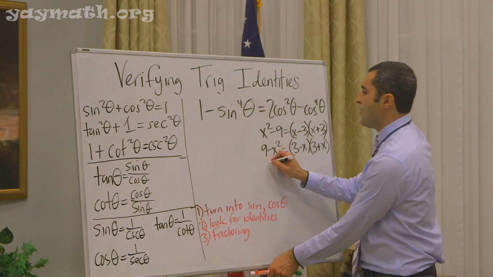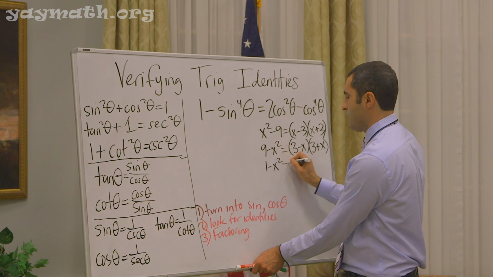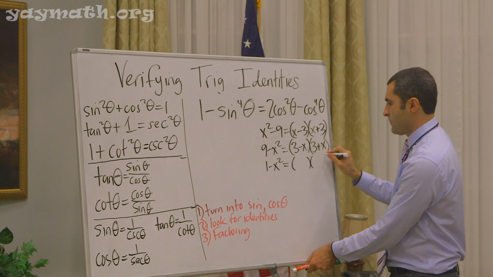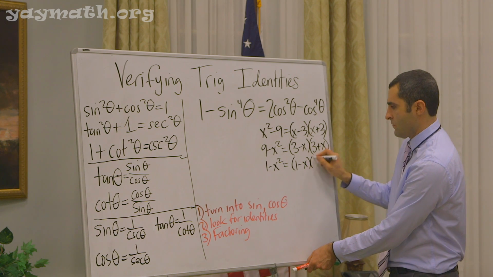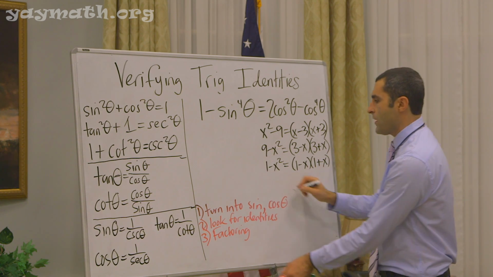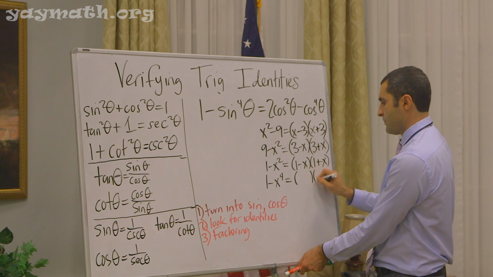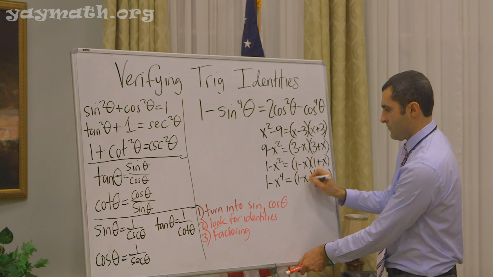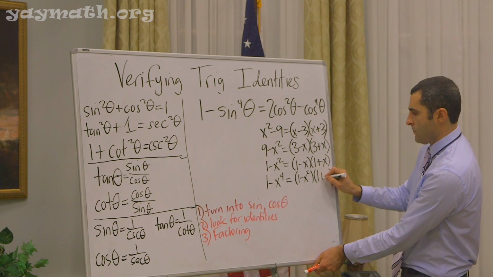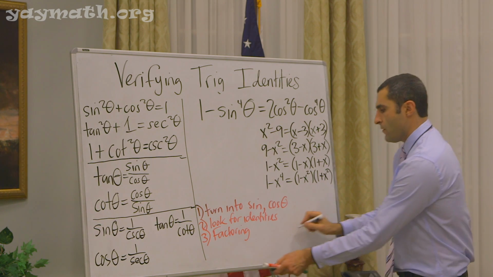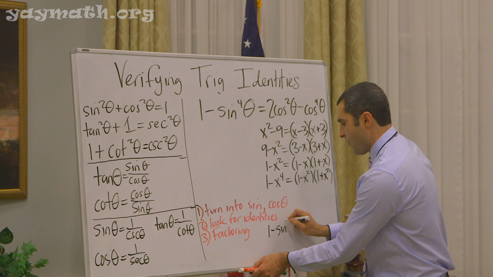What about 1 minus x squared? It is 1 minus x and 1 plus x. Very good. What about 1 minus x to the 4th? It's 1 minus x squared and 1 plus x squared. What about 1 minus sine to the 4th?